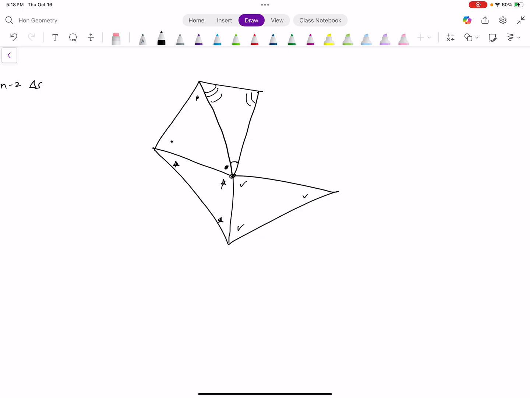This, and this, still 180. And if you put all of these together, this big angle, this big angle, and this big angle that went past 180 degrees, that's still the interior angles. So on these, it doesn't matter if I say the word concave or convex. It's just of a polygon.